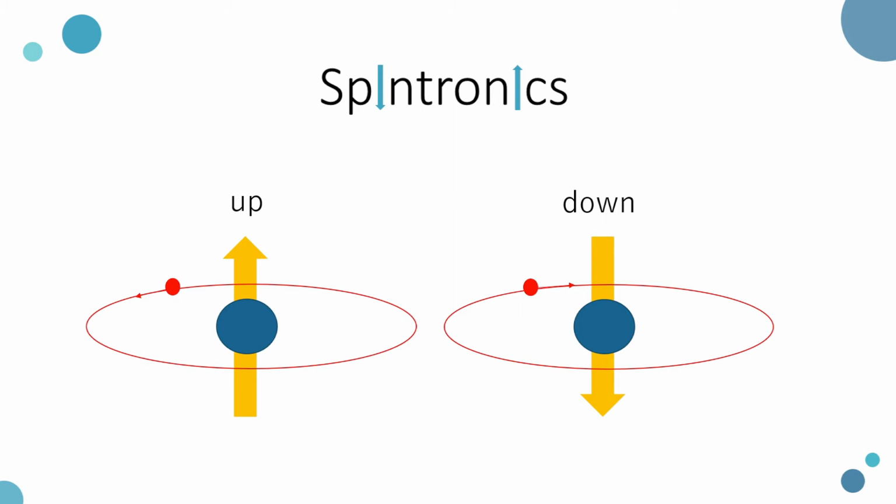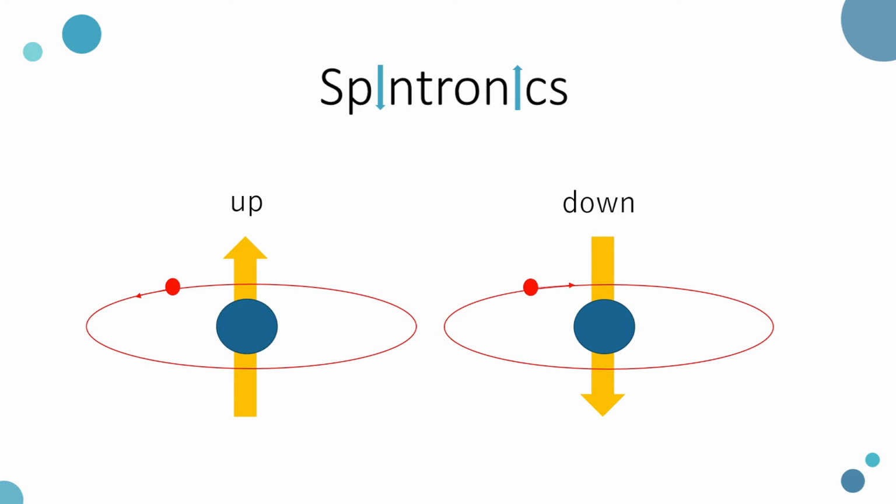The spin of an electron is either up or down. It is helpful to think of the spin-up electrons as little magnets with their north poles pointing up, and spin-down electrons with downward pointing north poles.